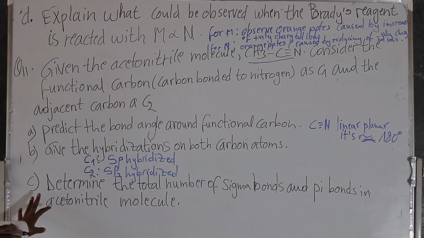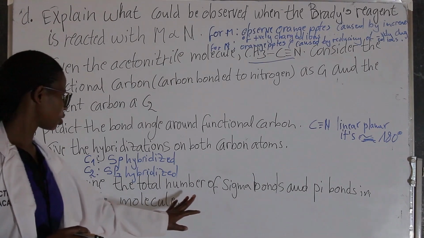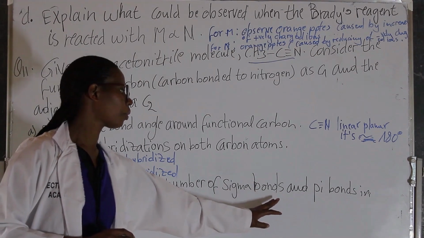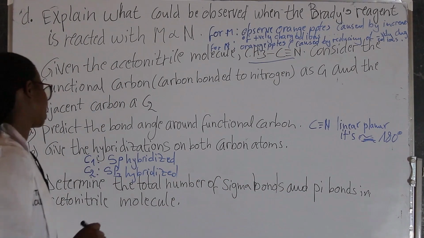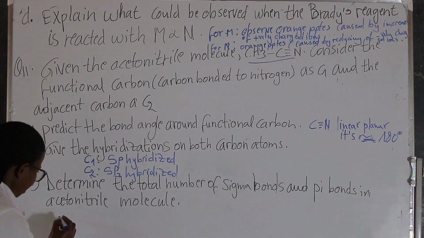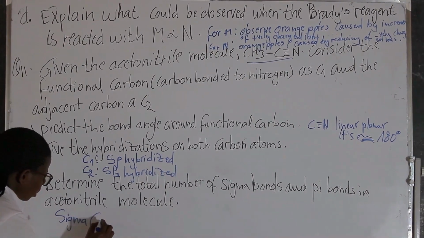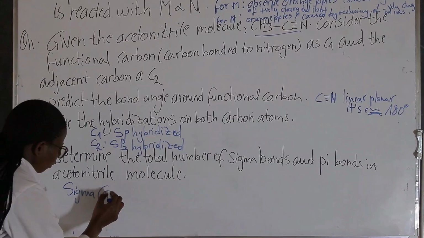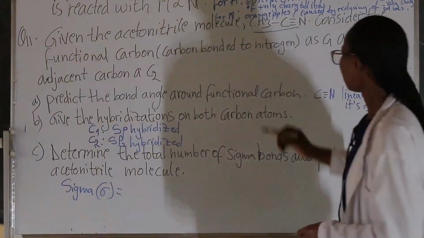For sub-question number C, determine the total number of sigma bonds and pi bonds in acetonitrile. For sigma, how many sigma bonds do we have?